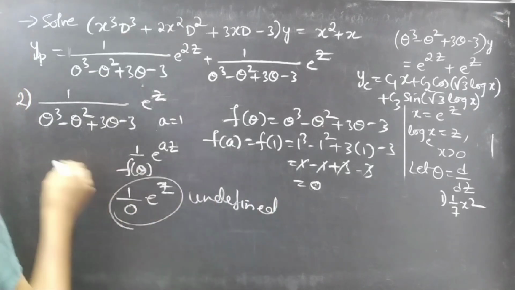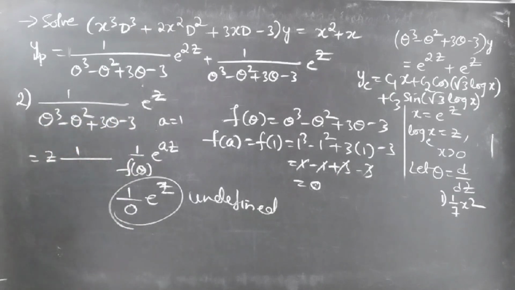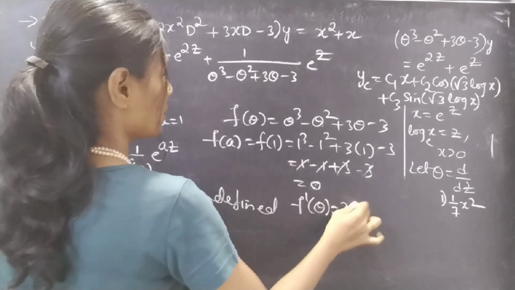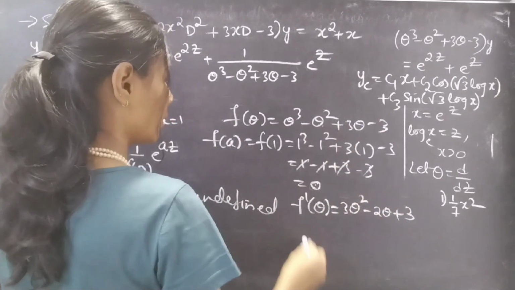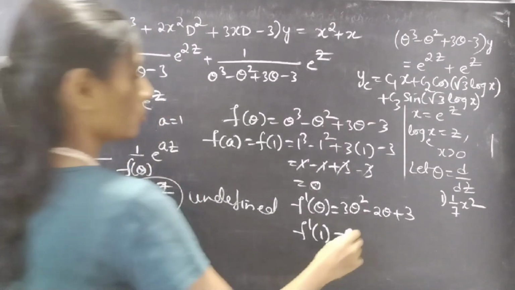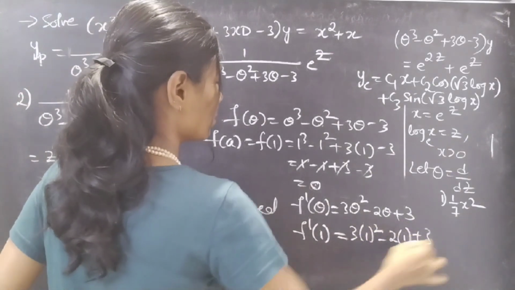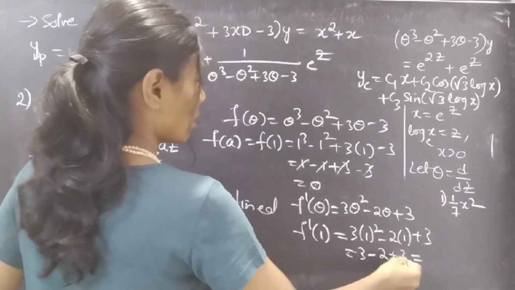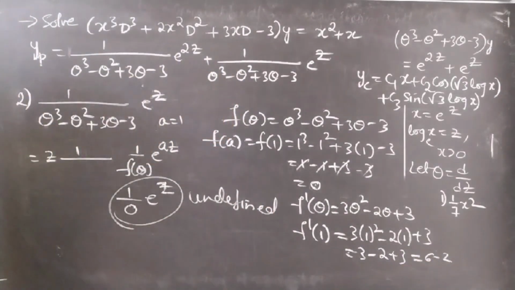So we'll just write z into 1 by the derivative of f of theta. We need to find f dash of theta, which equals 3 theta square minus 2 theta plus 3, and find f dash of 1. We'll get 3 into 1 square minus 2 into 1 plus 3, which equals 3 minus 2 plus 3, which is 3 plus 3 is 6 minus 2 is 4, right?